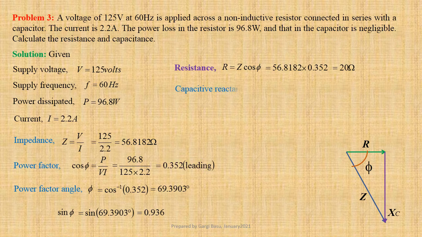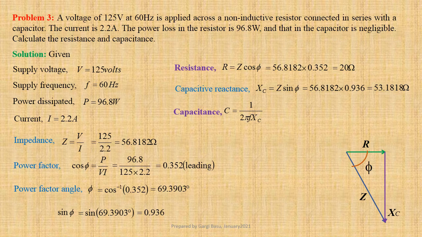Capacitive reactance Xc equals Z sin phi, that is equal to 56.8182 into 0.936, that gives us 53.1818 ohm. Capacitance C equals 1 upon 2 pi F into Xc.